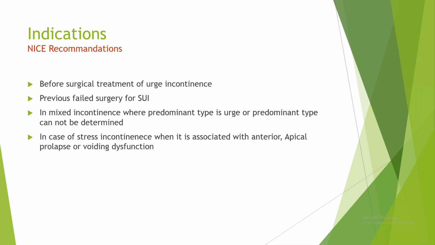Also when there has been previous failed surgery for stress urinary incontinence, and in incontinence when the predominant type is urge or the predominant type cannot be determined. And the last is stress incontinence complicated by either apical or anterior vaginal wall prolapse, or by voiding dysfunction. So these are the only indications where NICE recommends urodynamic testing.